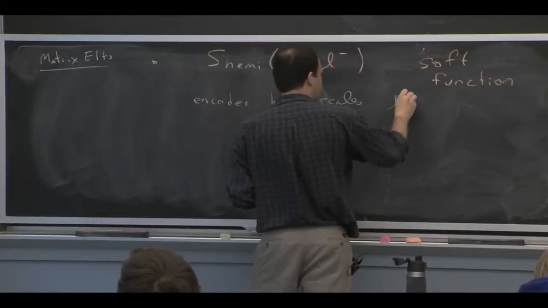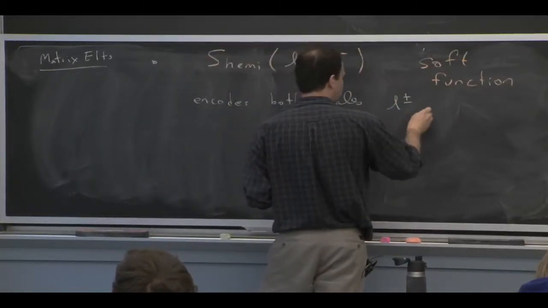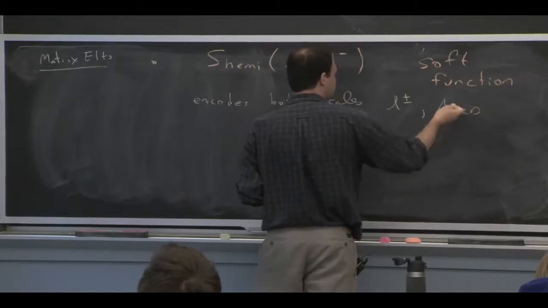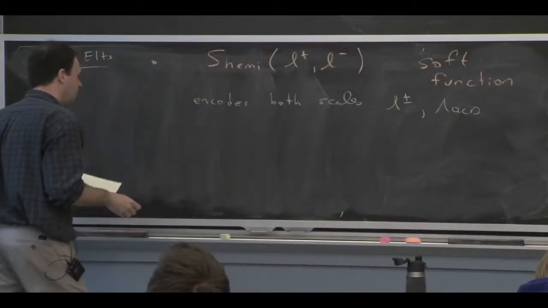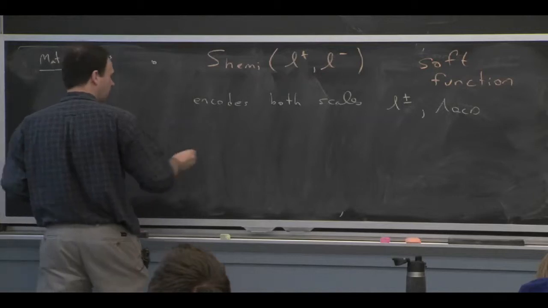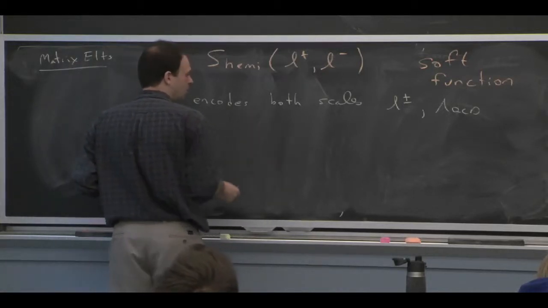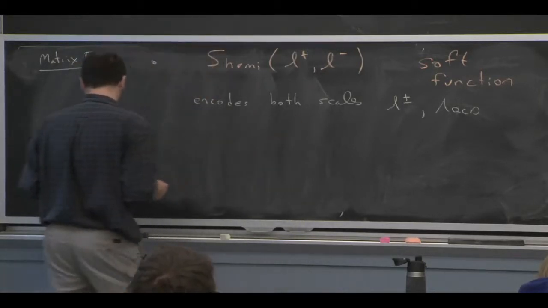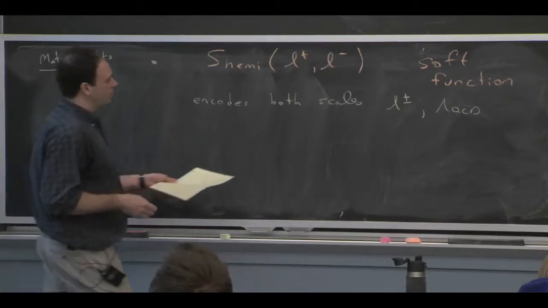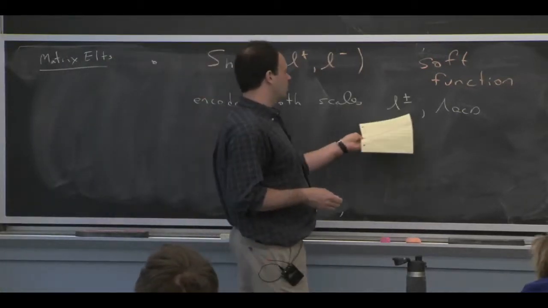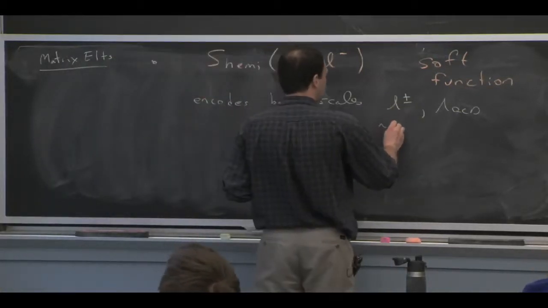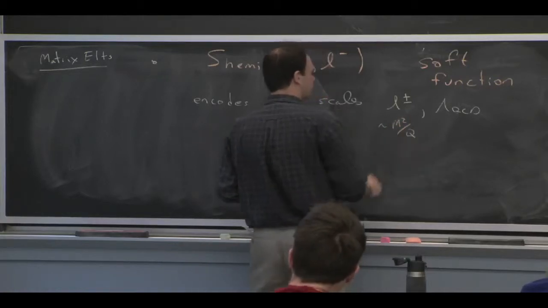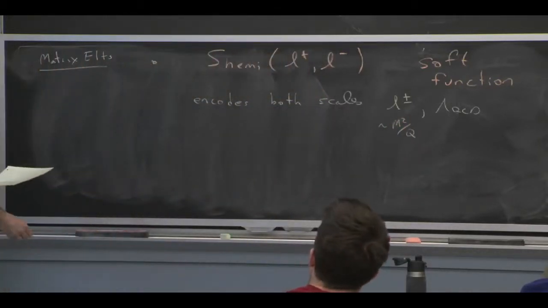The L plus and minus, as well as lambda QCD, which I didn't write explicitly as an argument. And L plus and minus, well, we'll see later. But you can think of L plus and minus roughly as encoding the scale that's m squared over q. This will become more clear in a minute.